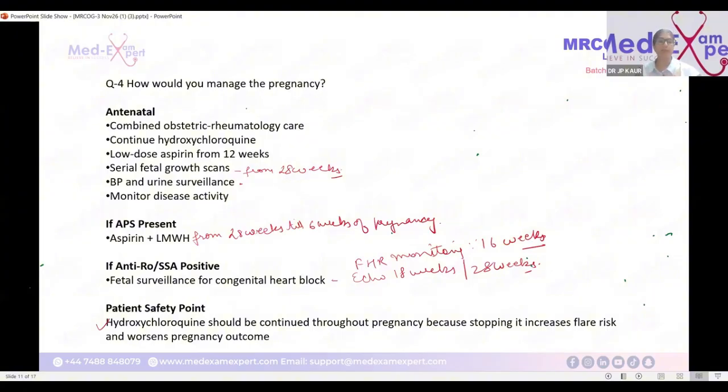So you need to explain it to the patient when you come to an end: I'm so happy that you came for the counseling, for the advice. It is a very good step you have taken. I would advise you not to stop any medication on your own. Otherwise, the disease may come back again, and the pregnancy will not have a good outcome.